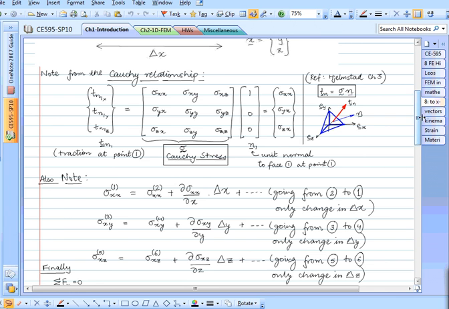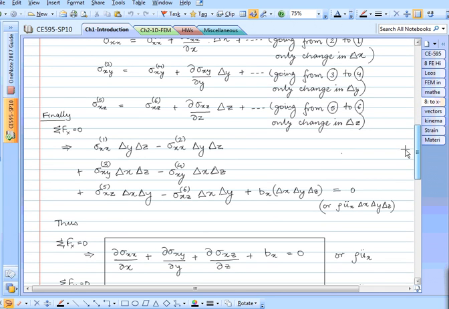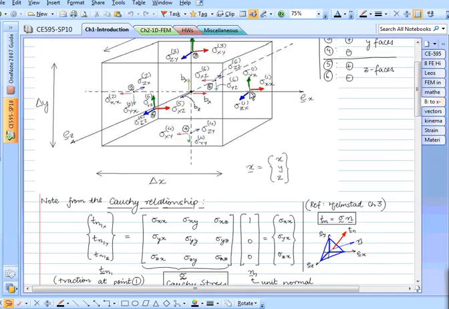Okay? So you set up these three equations and you plug them into your equation of equilibrium, where we are saying that the sum of the forces in the x direction. So let me just give you an example of one of these terms. So this is this term sigma xx1, which is the traction that is acting at this point. So this is your face 1.